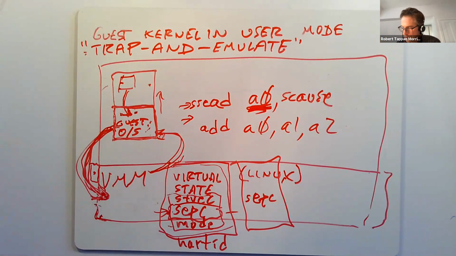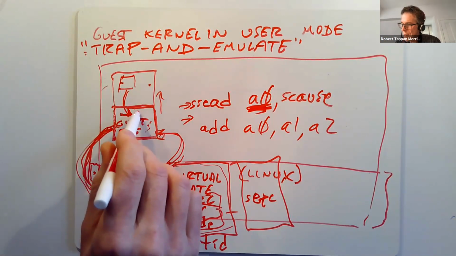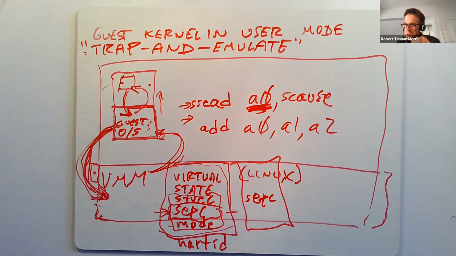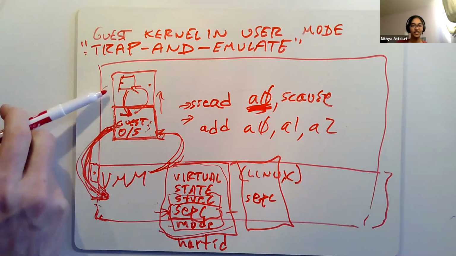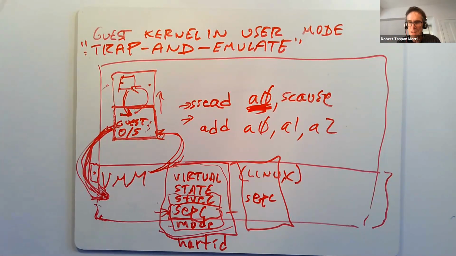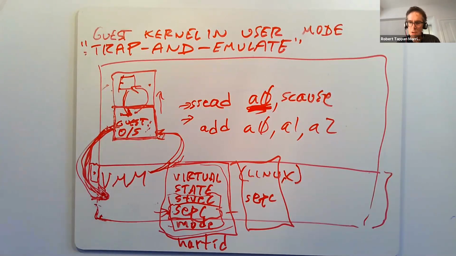It just does all kinds of privileged things and expects them to work. And then it knows when it executes an SRET to get into user space, aha, I'm going to enter user space now. And the VMM sort of makes everything look like that's indeed what's happening. Even though in the real machine, it's in user mode in both places, this looks just like supervisor mode, and this looks just like user mode. Okay, cool.